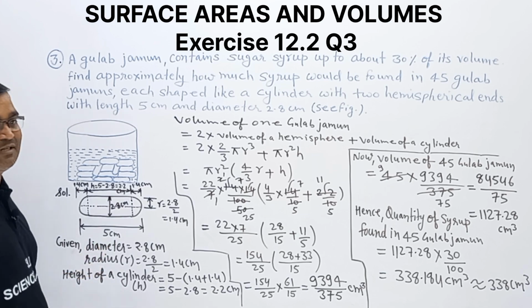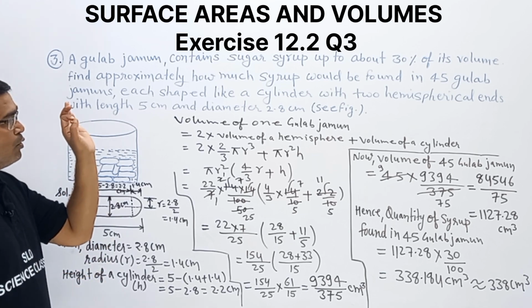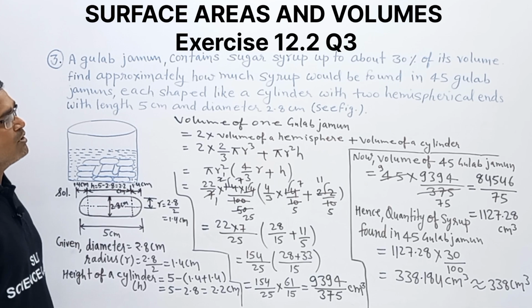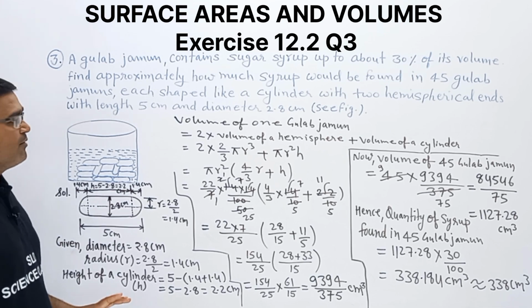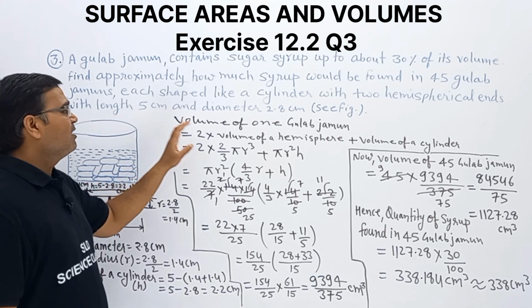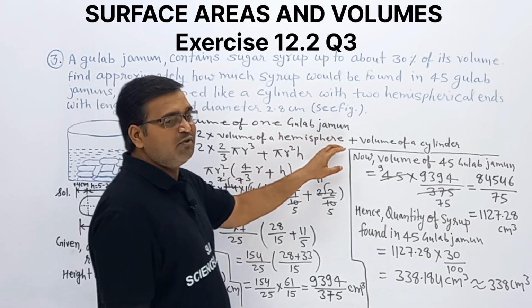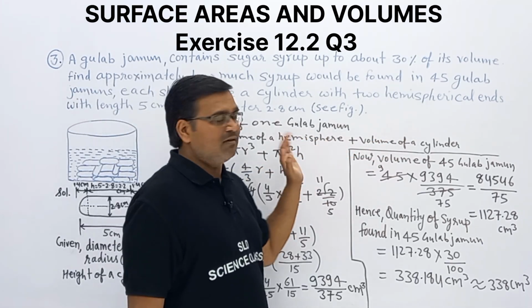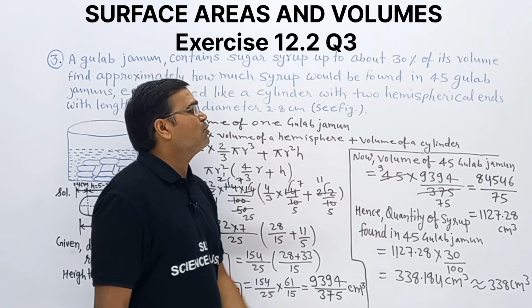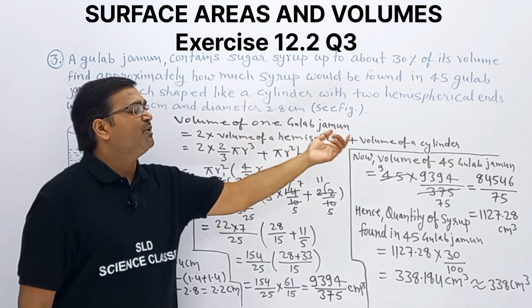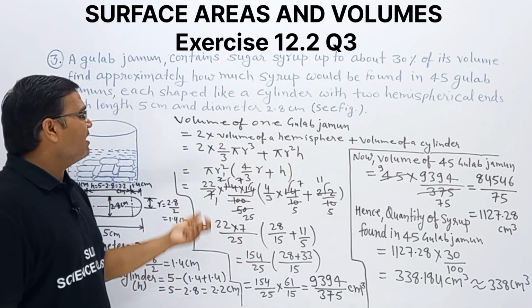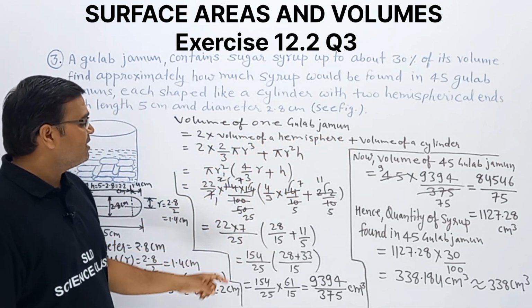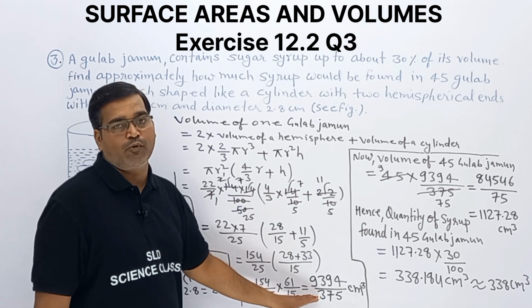This is the height of a cylinder. Now total gulab jamuns are what? 45. One gulab jamun volume is what? 2 into volume of a hemisphere plus volume of a cylinder. We know well the formulas of volume of a hemisphere and volume of a cylinder. We are writing and putting the values, solving, then we are getting one gulab jamun volume.